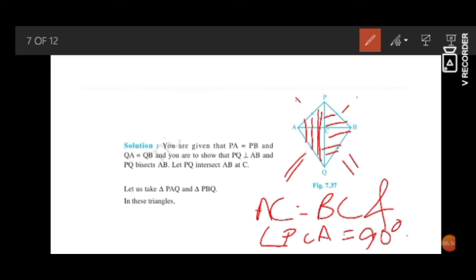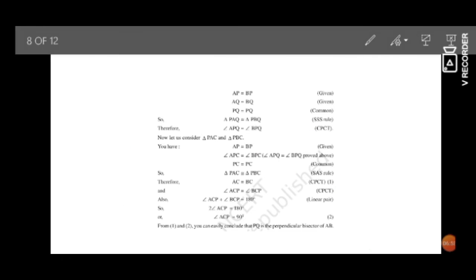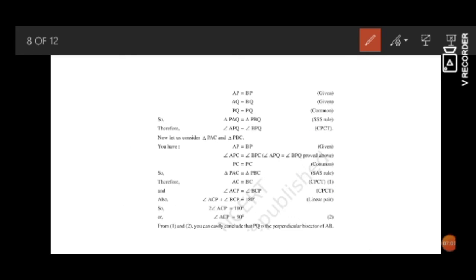Okay, in these triangles, when we are considering the triangles PAQ and PBQ, these are given. The first one is AP is equal to BP, AQ is equal to BQ, and PQ is a common side. So we have our triangle like this.